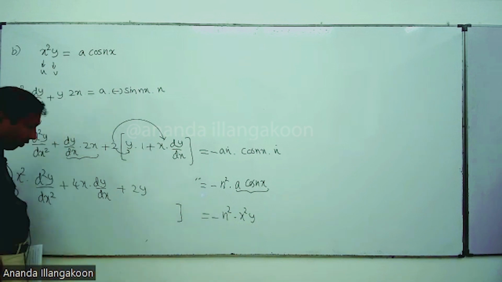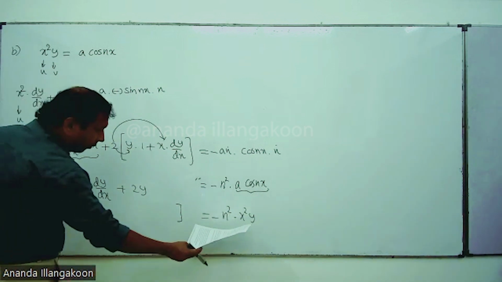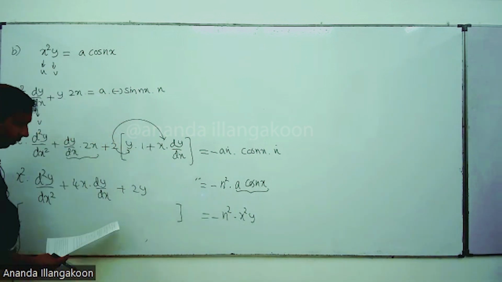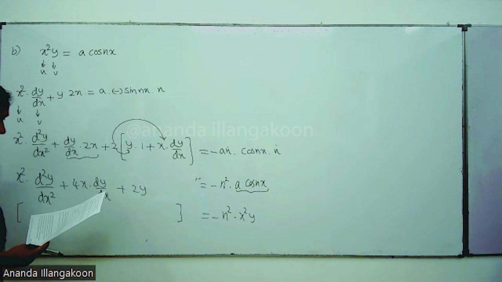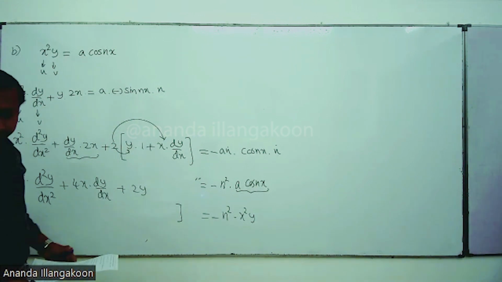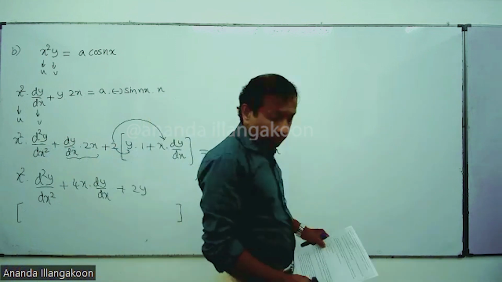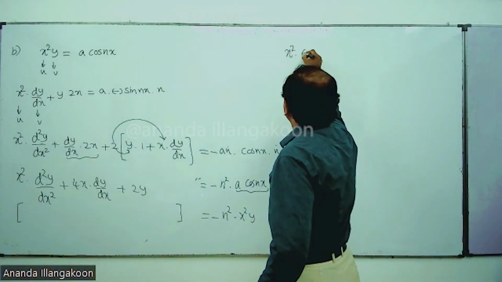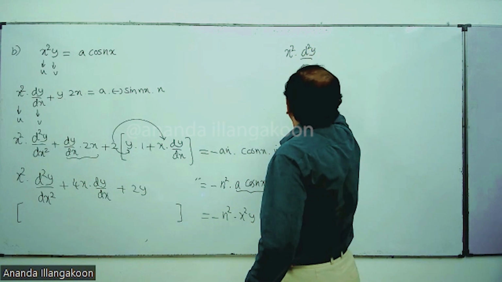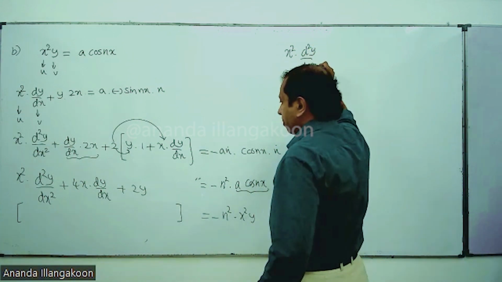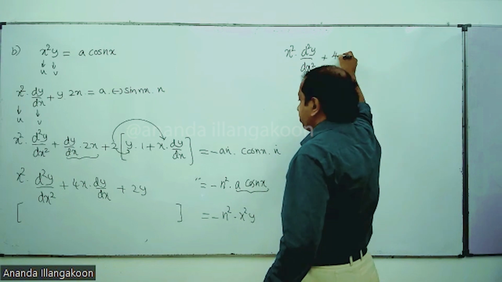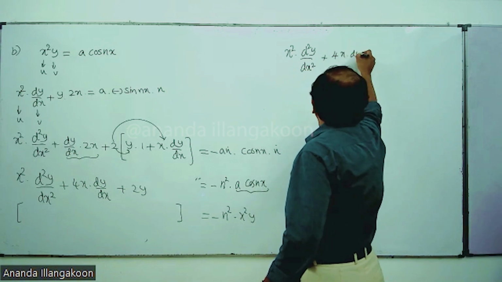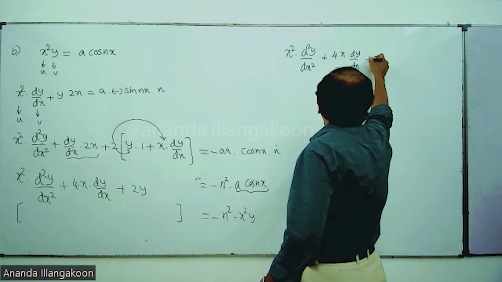Like this. Now what we do, we bring this to the left hand side and take this y out. Then we get this answer, no? Right? Take that y out. Then we get x squared d2y upon dx2 plus 4x dy by dx plus.